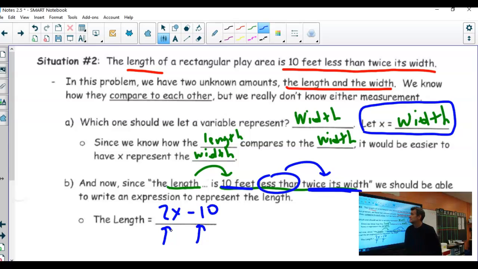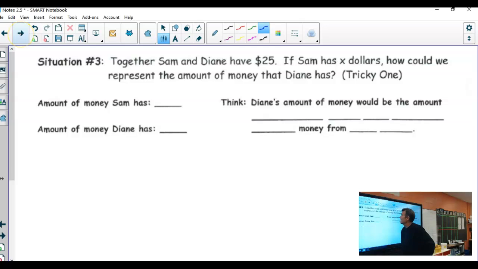That's a tricky one. This is another tricky one that I want to make sure you have a nice example of. It says together Sam and Diane have $25. If Sam has X dollars, so I know that right now Sam has X dollars, how could we represent the amount that Diane has?